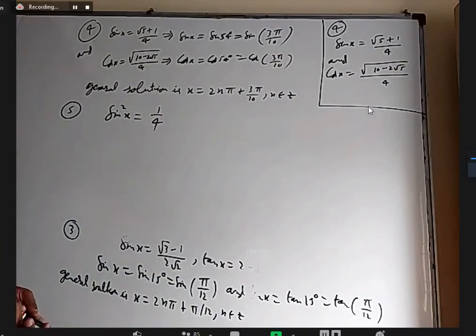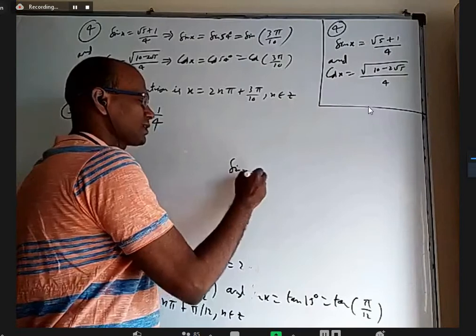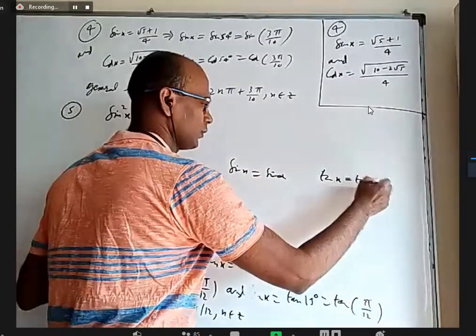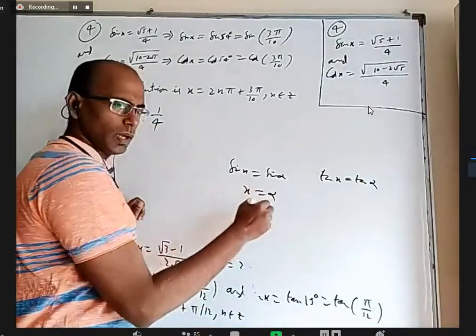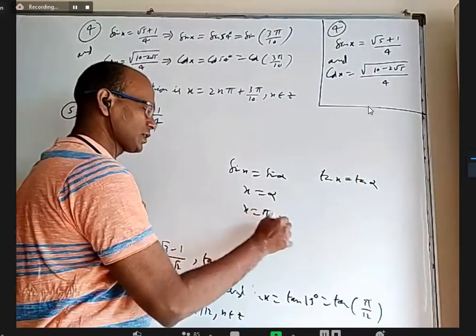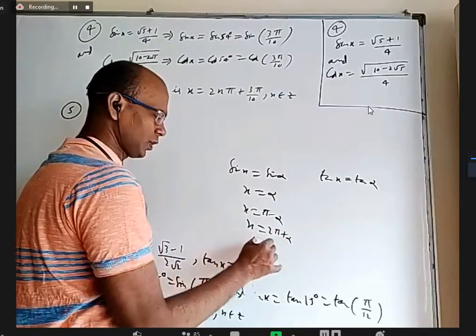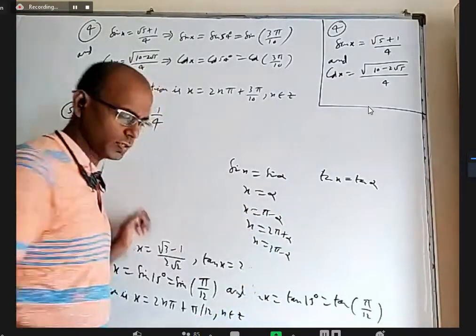Sir, why are we writing 2n pi plus that angle for everything? Because yesterday we discussed that when you want sin x equal to sin alpha, that has one answer x equal to alpha, and one more answer is pi minus alpha, and one more is 2 pi plus alpha, one more is 3 pi minus alpha. It has a lot of answers.